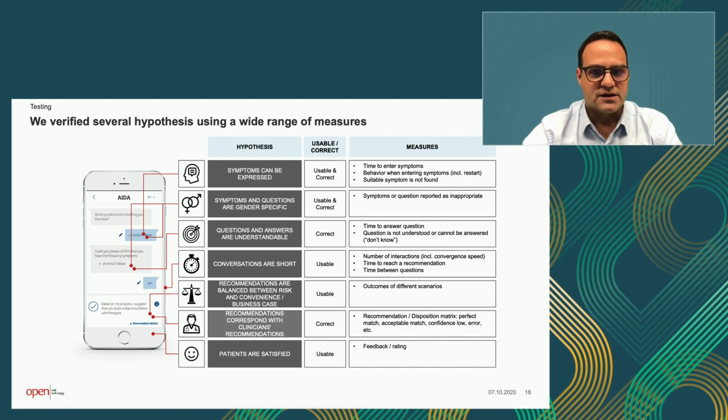As a company that provides this service, you don't want to miss emergencies. So you have to lower a bit the different thresholds in your system. So with this bias in place, of course, the accuracy is also lower than it could be in an ideal world. And last but not least, the patients are satisfied. Obviously, you need to measure if you have the satisfaction, if you have the trust of your patients in this application.